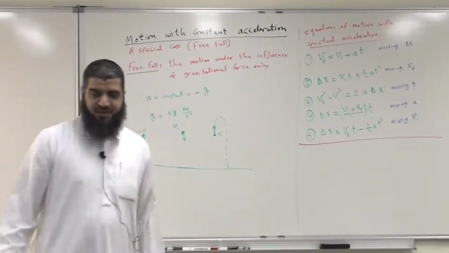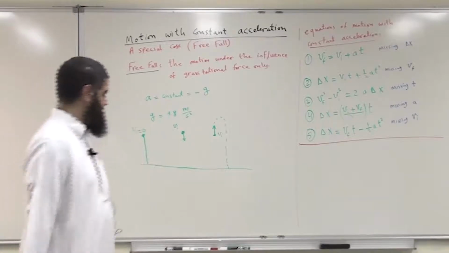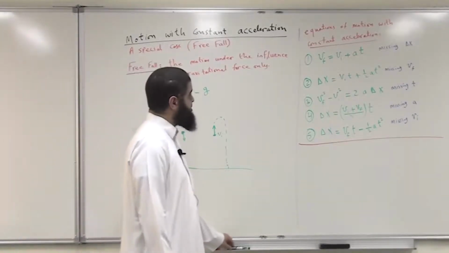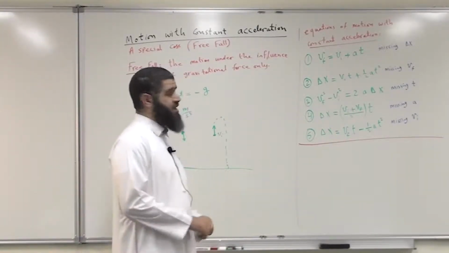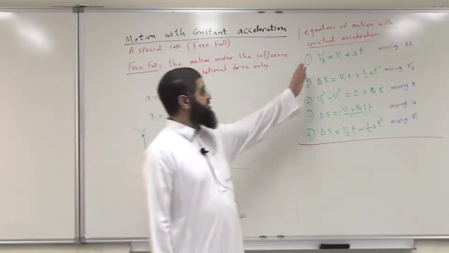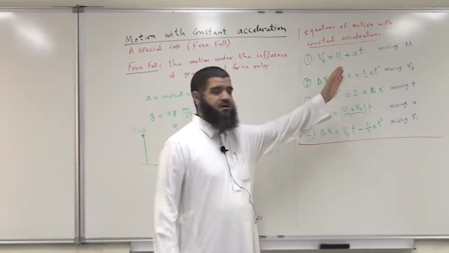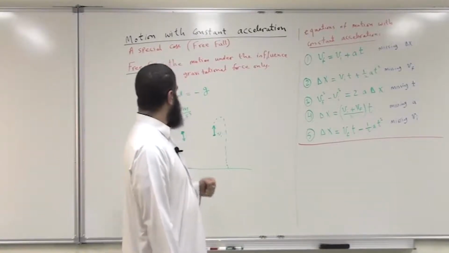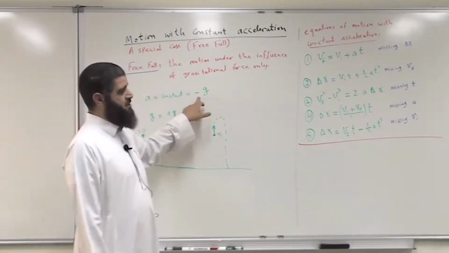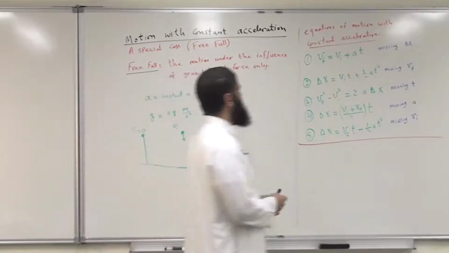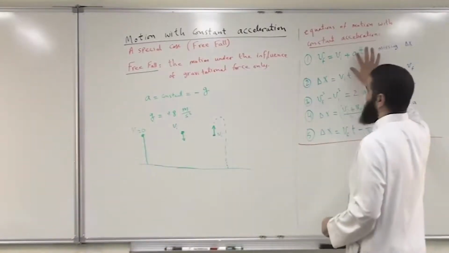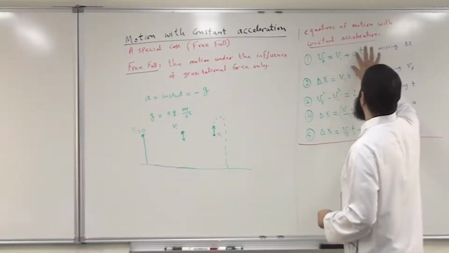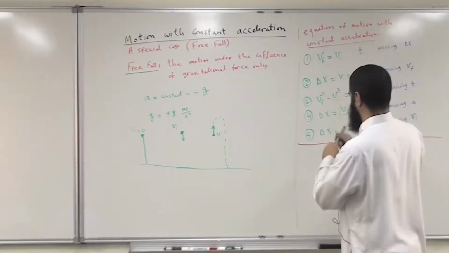Okay, to describe the motion of a freely falling object, we can use the same equations of motion which we described earlier. But now, the acceleration has a fixed value, which is minus g. So I'll come to these 5 equations of motion, and I replace any acceleration with minus g.